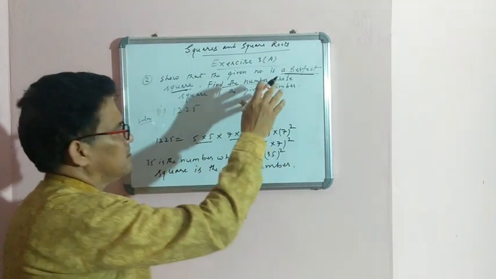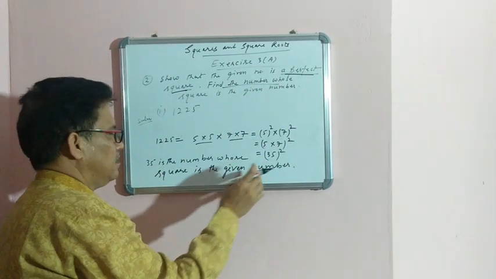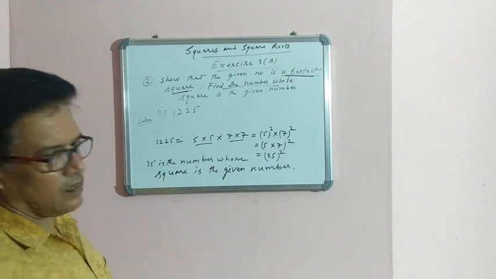So it is a perfect square, and the number whose square is the given number is 35.